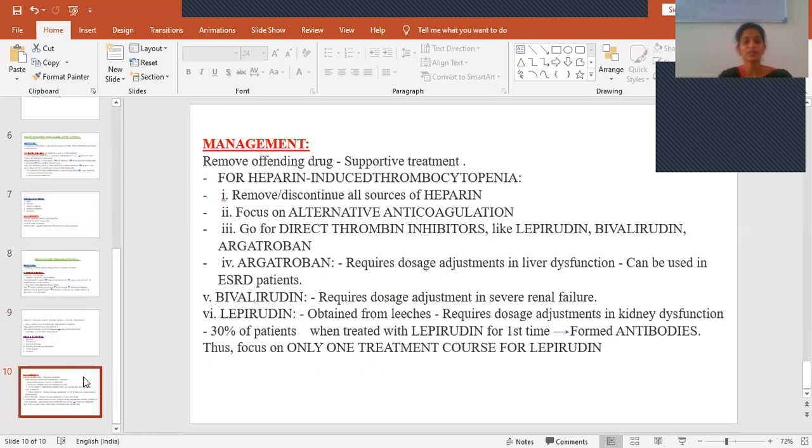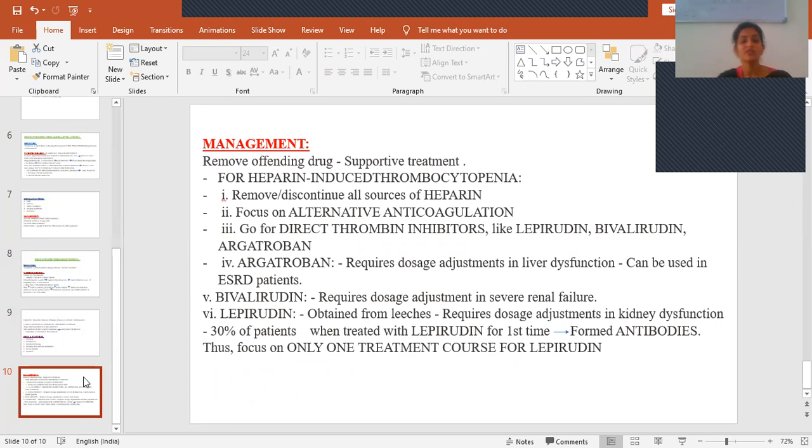At that time we have to focus on alternative anticoagulation. When we stop heparin, we have to think about other anticoagulants, like direct thrombin inhibitors such as lepirudin, bivalirudin, and argatroban. In conditions where heparin is contraindicated, we can go for lepirudin, bivalirudin, or argatroban.